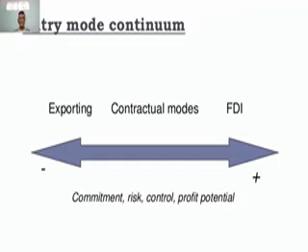So, ito yung commitment, risk control, profit potential when it comes to entry mode, way or type of entry mode. So, sa exporting, yung commitment, yung risk, yung control, profit potential is on the negative side. Okay, so contractual modes nasa gitna siya, and then yung i-invest kayo is on the positive side. Why? Kasi when you export, lahat ng risk nandito halos sa inyo, 'di ba?